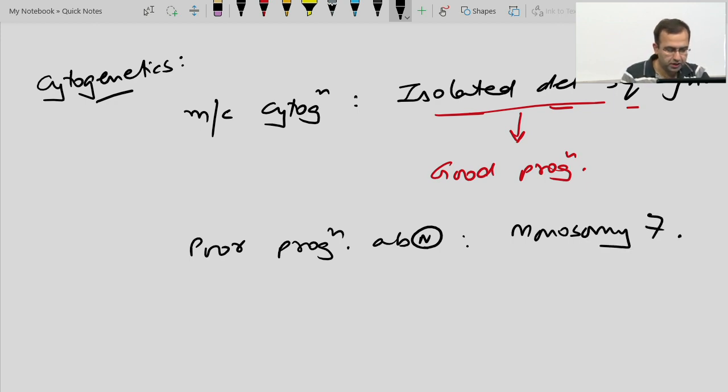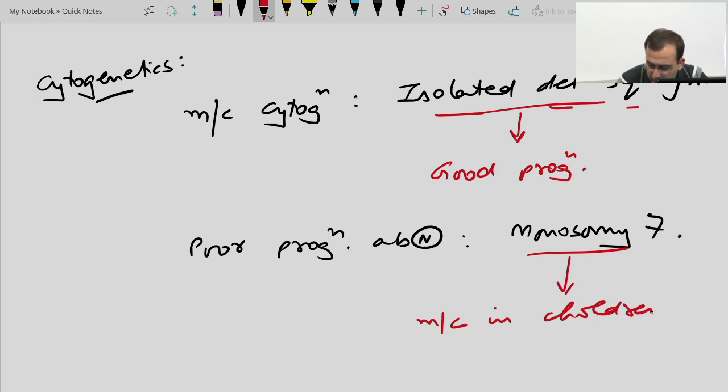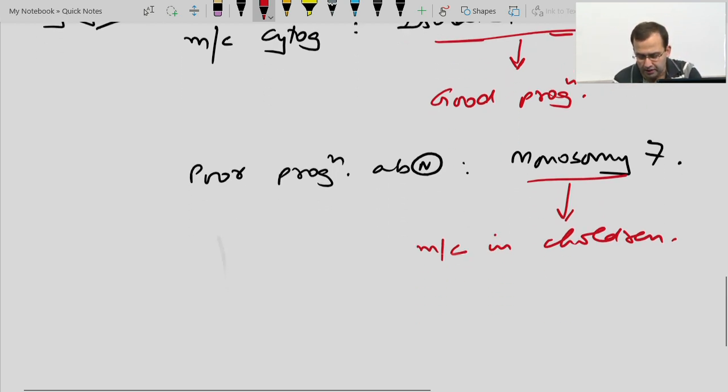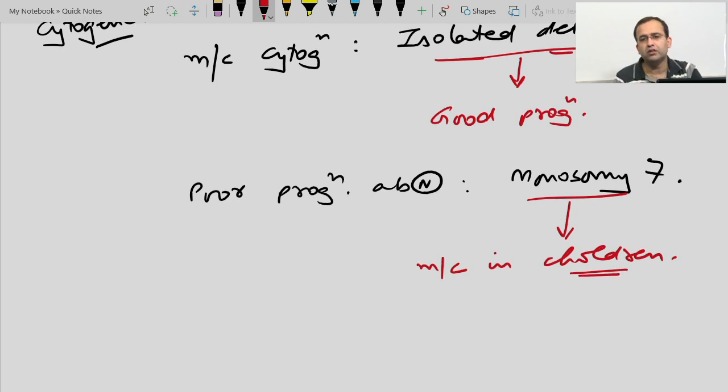This monosomy 7 is the most common cytogenetic abnormality in children. So I can safely say MDS in children has a poorer prognosis as compared to MDS in adults. That point is obvious.